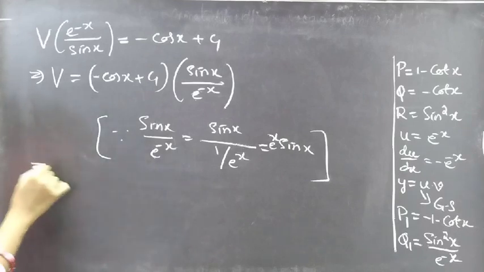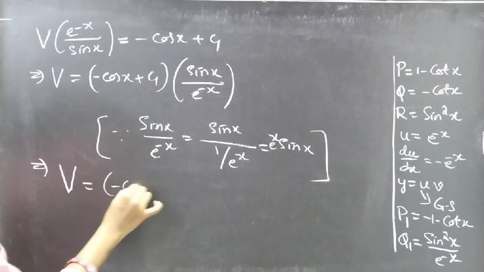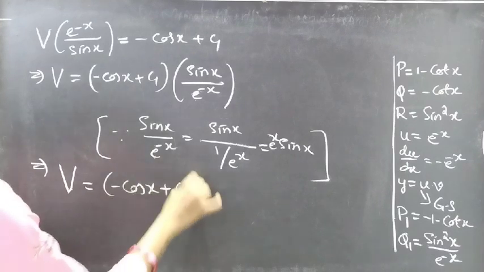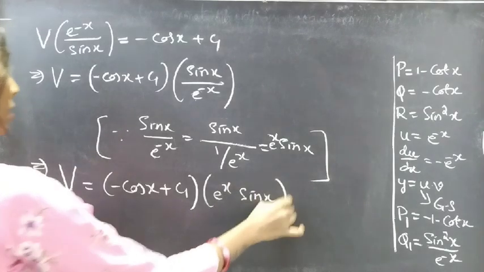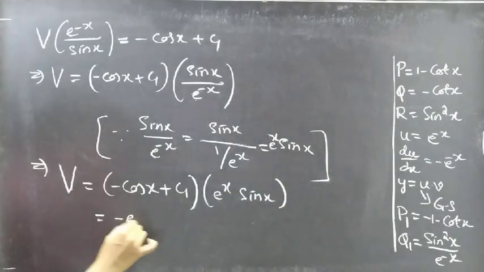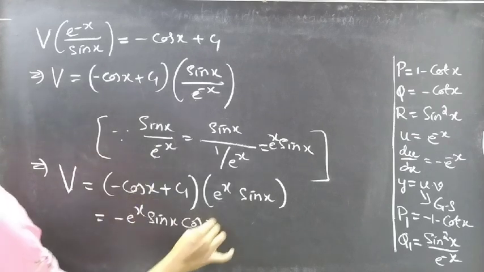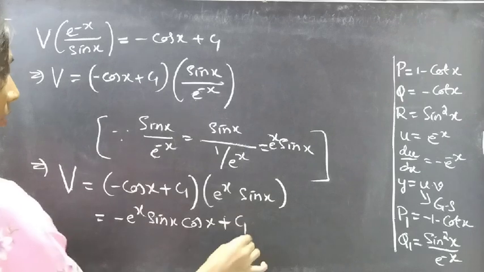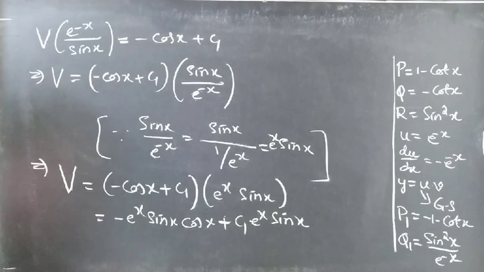Now the above equation becomes capital V equal to minus cos x plus c1 into e power x sin x, which is equal to minus e power x sin x into cos x plus c1 e power x sin x.